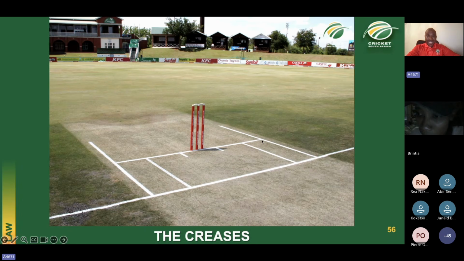Measurement from the inside edge of the return crease to the inside edge of the offside wide guideline is 43.18 centimeters. Okay, I'm not sure what that is in inches. Just divide by 2.5, you'll get a close enough figure. So 43.18 centimeters from the return crease to the offside wide guideline.